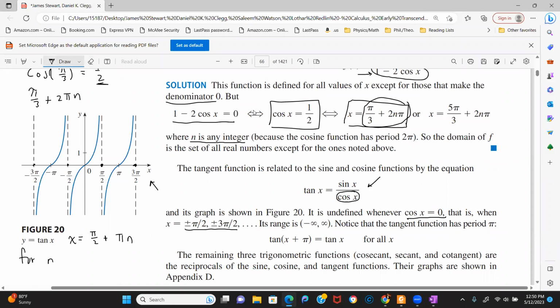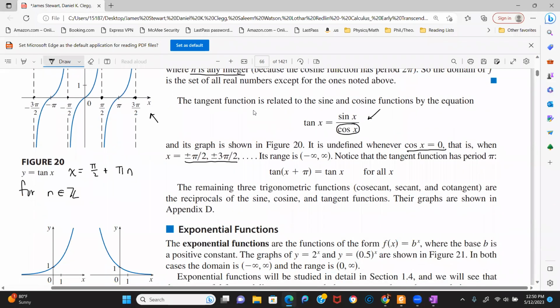Or n, in any integer n. Yeah, so if n is 0, you get pi over 2. If n is -1, you get -pi/2. If n is 1, let me just write a couple out. So if n is 0, then you're talking about x is equal to pi over 2.